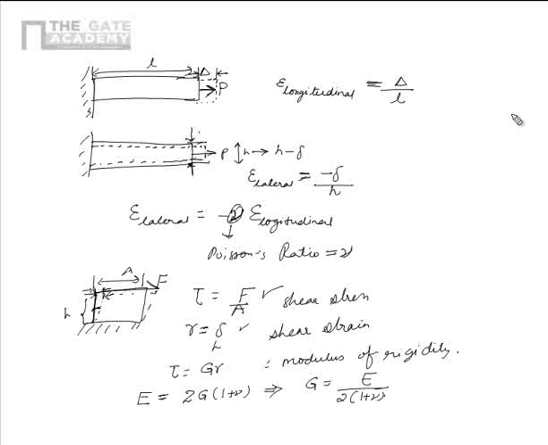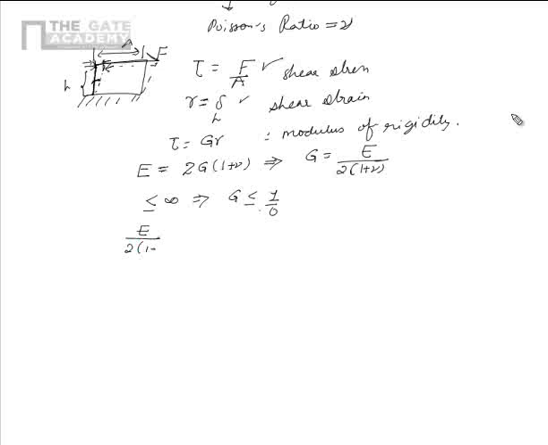But that also tells us an interesting aspect about what is the range of the value of nu. Obviously, no physical material can have G which is equal to or more than infinity. So if we just put that condition here that G has to be less than or equal to infinity, which is nothing but G is less than or equal to 1 upon 0. If we feed in this value here, we will say E upon 2 times 1 plus nu must be less than or equal to 1 upon 0.